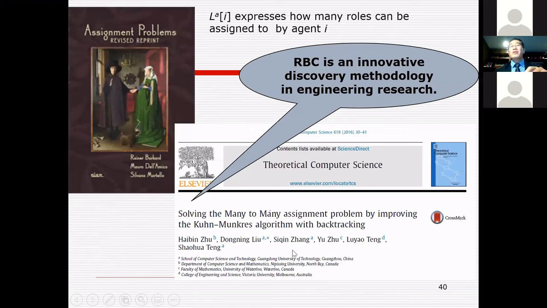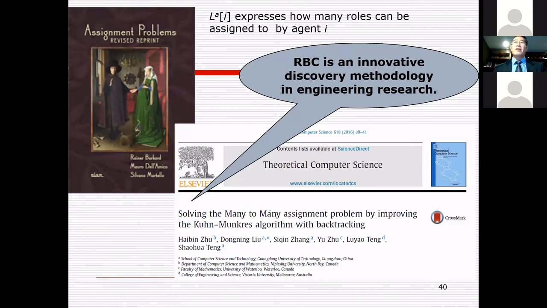Another one is called M2M assignments. That's from my colleague, Dr. Liu in China, who is mainly concerned about that. We introduced a new one, LA. Remember that we have L, which is for rows, but LA is for agents.